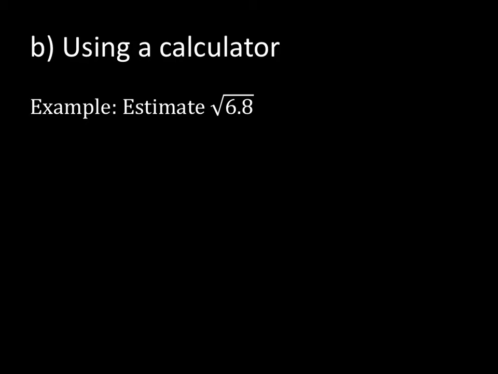So I can do the same calculation, or the same estimate, using a calculator. If I use the calculator and hit the square root button with 6.8, that will give me the number 2.60768096, and that's one of the numbers that my calculator gives me.